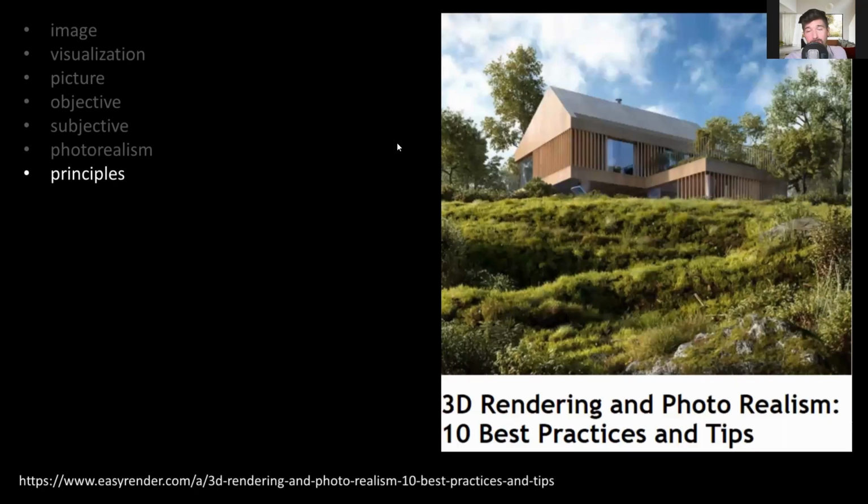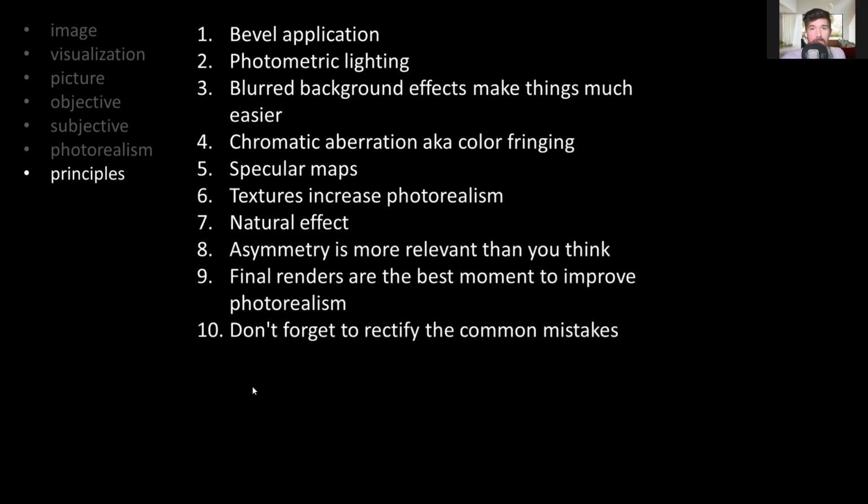If we take a look at the vast resources we have available on the internet with online articles, we can take a look at this 3D rendering and photorealism, 10 best practices and tips, where we have these 10 practices, but given the audience and the layman terms they have to use, this is very vague for any actual application.